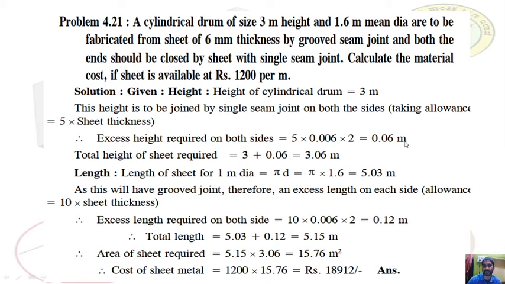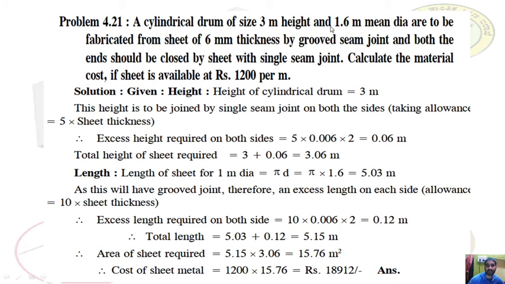So 0.06 meter extra material is required height wise in order to make the groove joint, single seam joint. So 3 meter plus 0.06, that is 3.06 meter of height of the sheet is required.